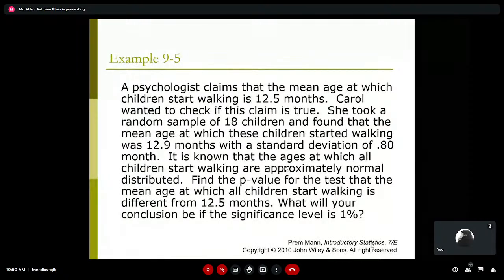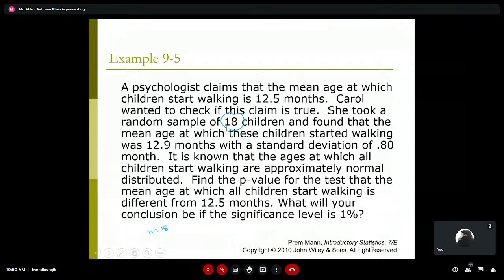A psychologist claims that the mean age at which children start walking is 12.5 months. Carol wanted to check if this claim is true. She took a random sample of 18 children. So n equal to 18.